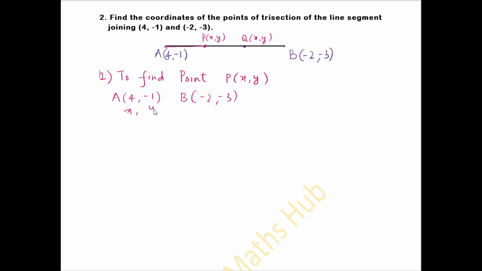What is the ratio m:n? The point P divides the line AB in the ratio 1 part to 2 parts. That is, the ratio will be clearly 1:2. For point P, it divides the line segment AB into 1 part and 2 parts. Therefore, the ratio will be 1:2.